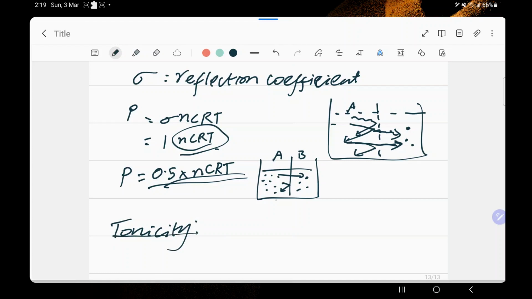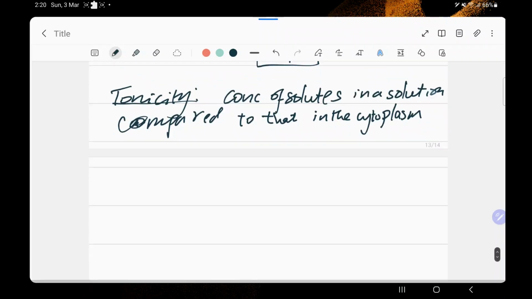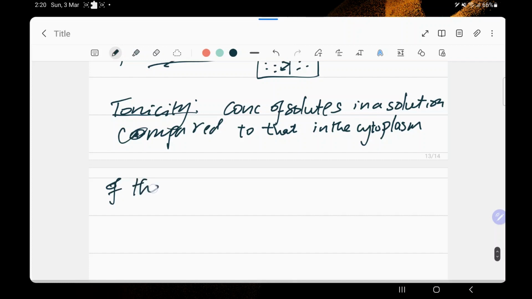Tonicity refers to how much concentration of these solutes exist in a solution, when you compare it to that in the cytoplasm of the cells, and usually we use the RBC as the reference type of cell.